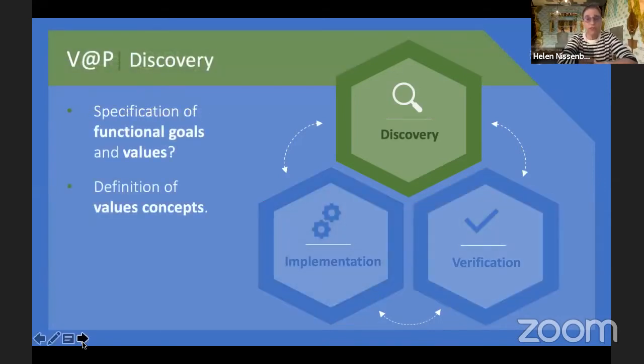When we look at discovery, there are two activities that are part of it. One is the specification of functional goals and values. When you're developing or analyzing a technology, you think about what it's for, and included in that can be values. You can constrain the way you develop the technology according to values.